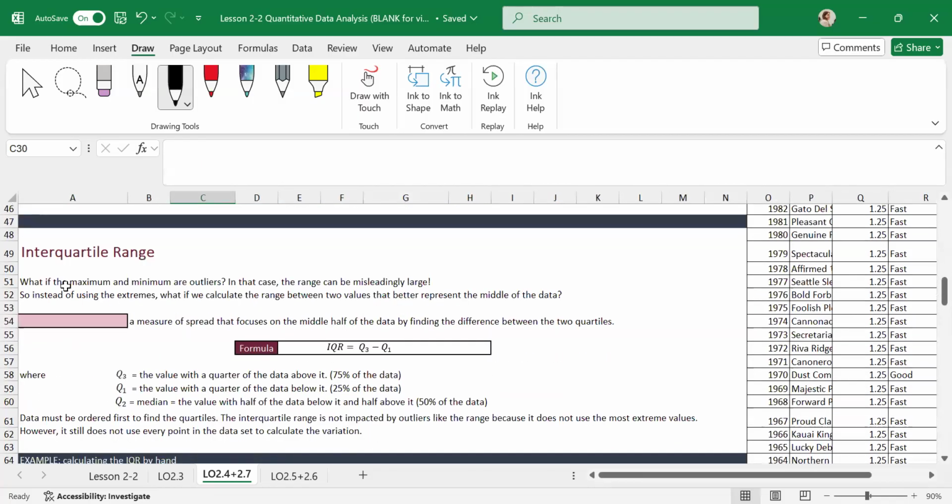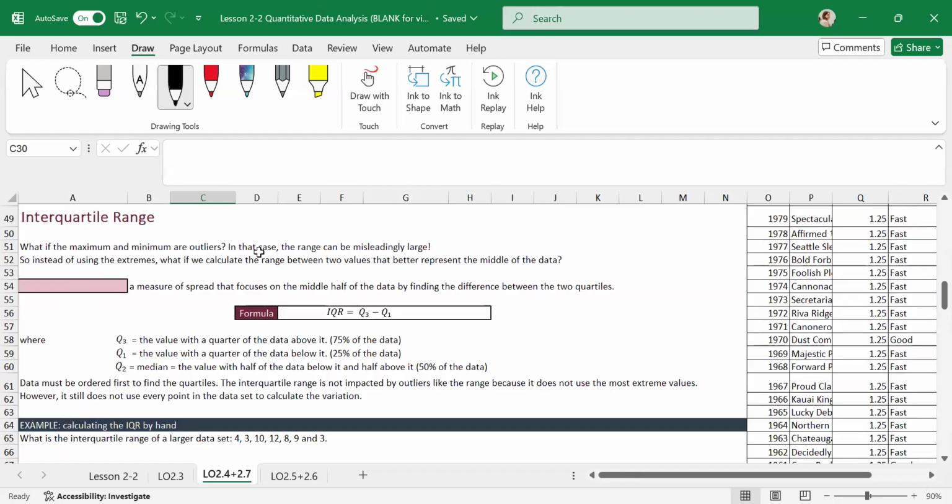So outliers have a huge impact on the range, meaning that it's not resistant. So what statisticians came up with is that instead of using the maximum and the minimum to find the range, what about if you use two values that better represent the middle of the data? And that's where the interquartile range comes in.